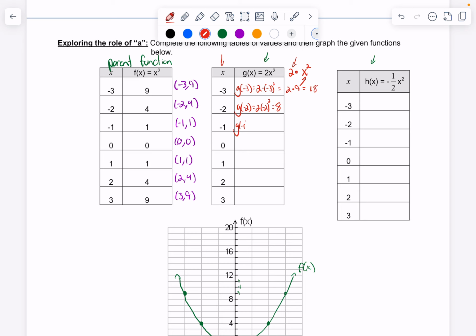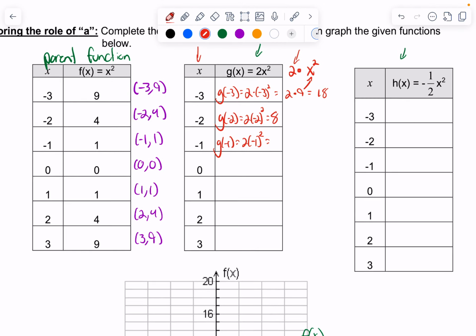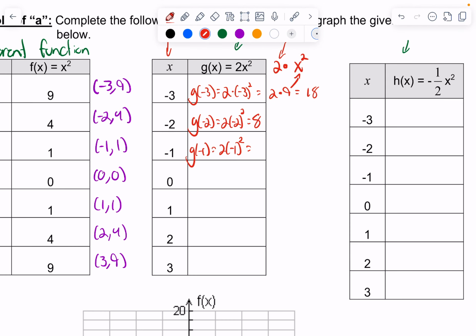G of -1 is 2 times -1 squared, that would give you 1 times 2, so 2. G of 0 is 2 times 0 squared, or just 0, because 0 times anything is 0.